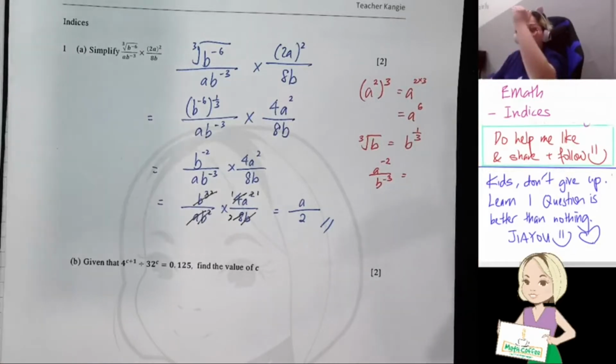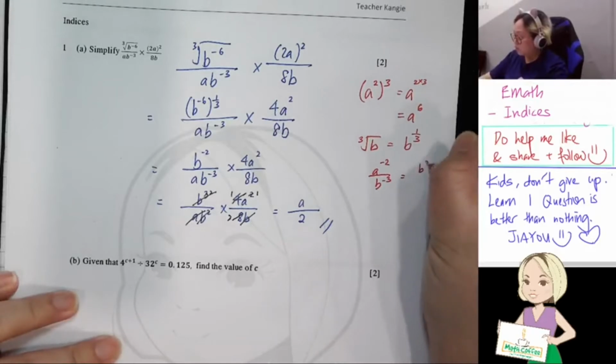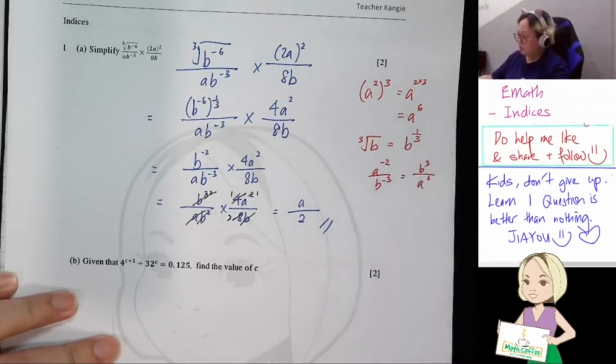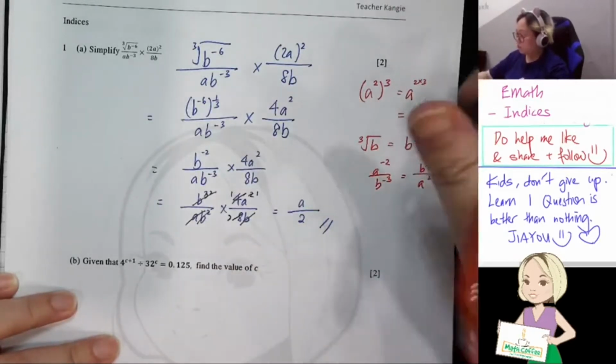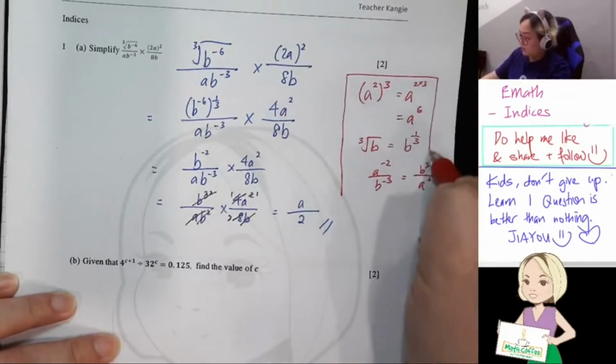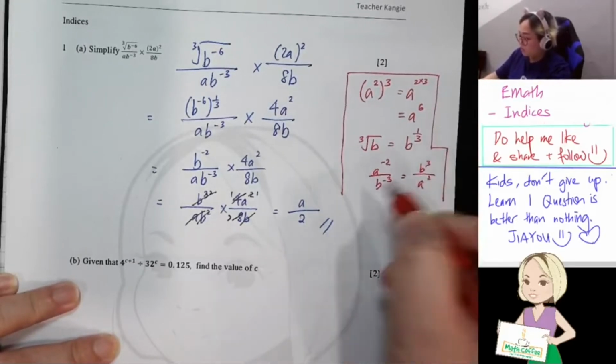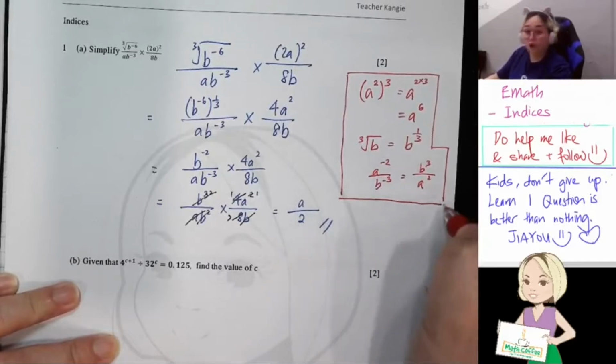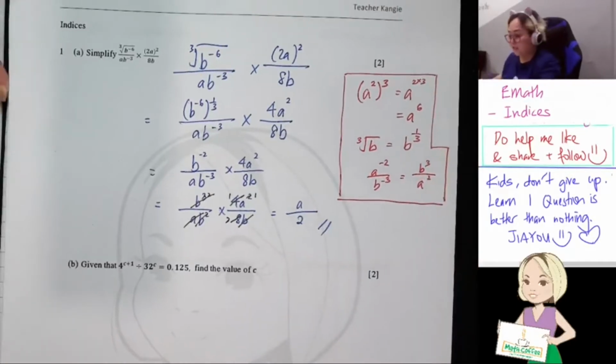That means if it's negative at the top, you just bring it down. If it's negative at the denominator, you bring it up. So this one becomes b cubed over a^2. So in this question, basically I have used all these concepts over here. So usually I write in red. It's not directly related to the question, but it's using the concept of the indices.